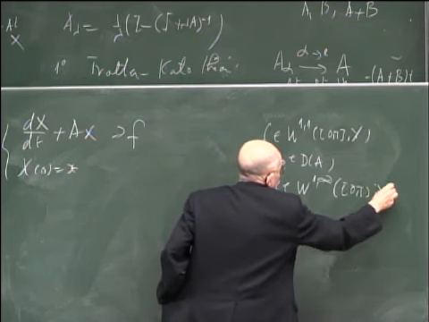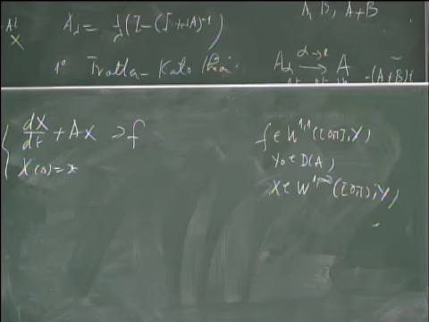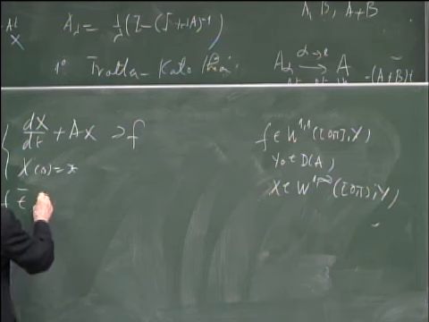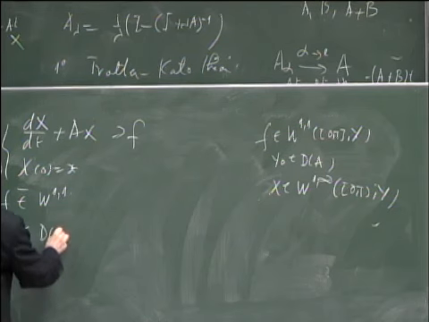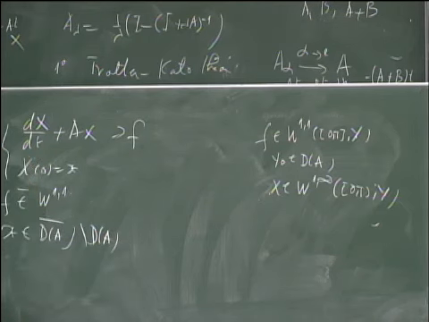But the problem is the following: what happens if f is not in W^{1,1} and if x is in the closure of D(A) but not in D(A)? Do we have in this case a strong solution?